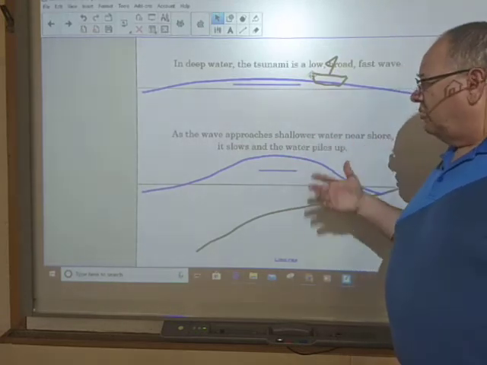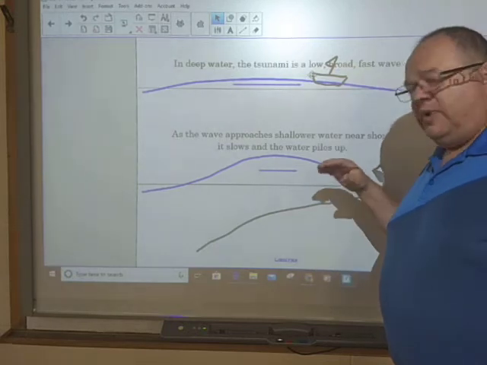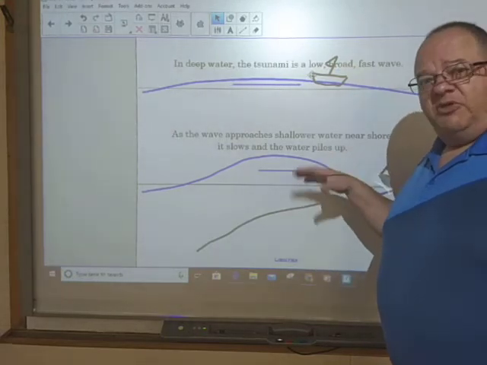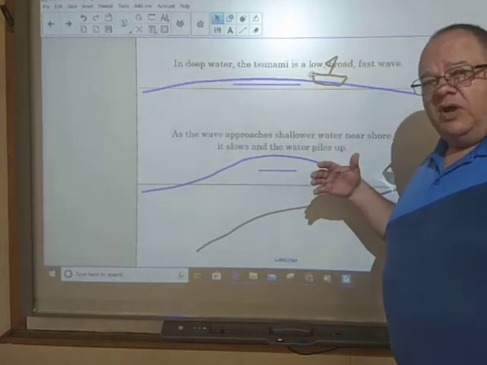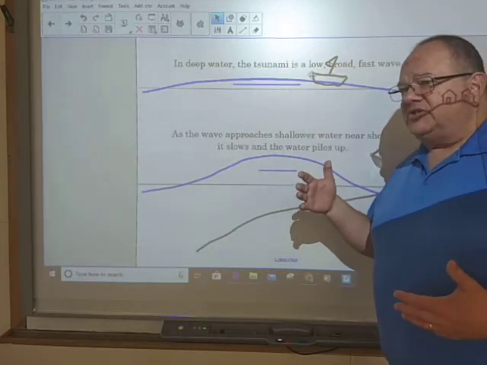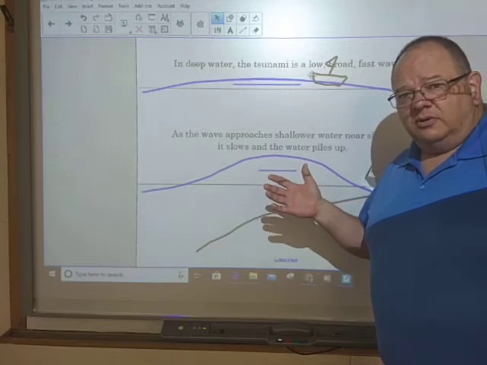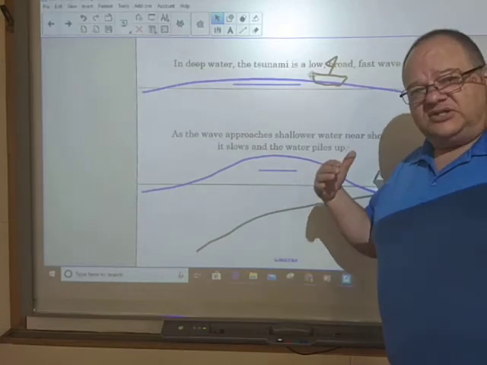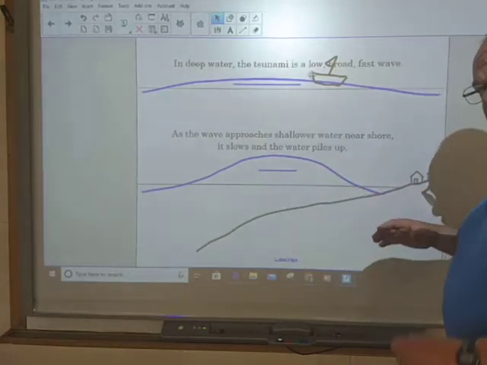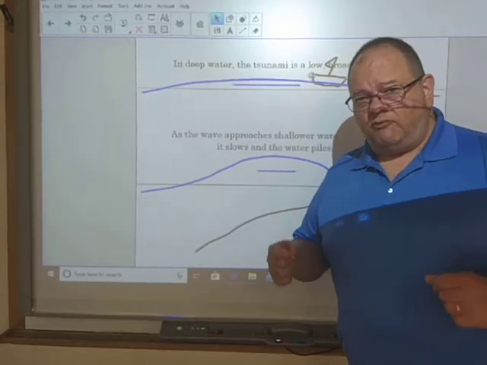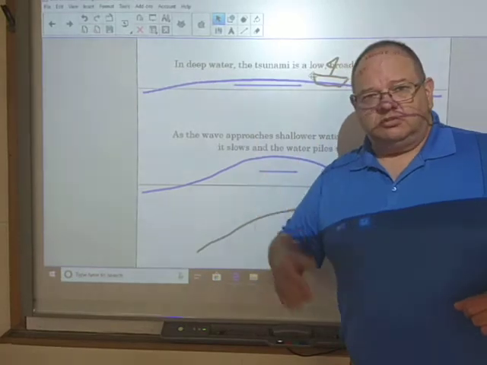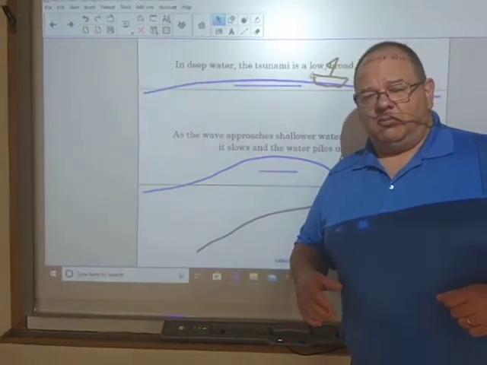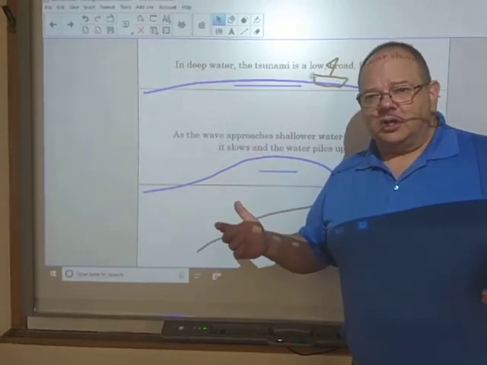In places, you might be talking 30 meters, 40 meters. A 30-meter wave, that's like a 100-foot wave. That's devastating. And think about it, every cubic meter of water weighs a ton. The car in your driveway might weigh 1.5 to 2 tons.